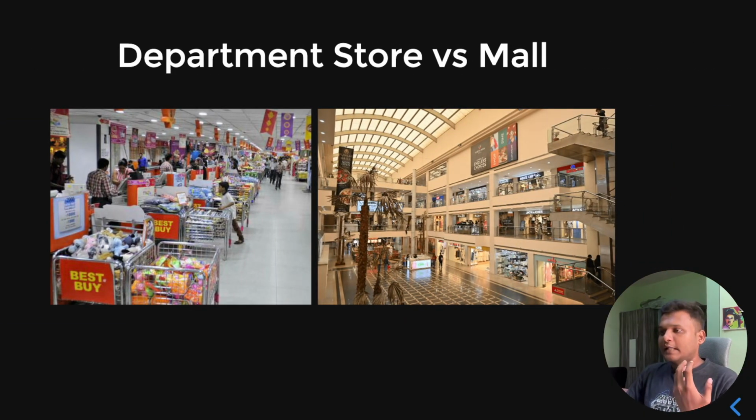Let's take one example, department store versus mall. Like, on the left side there is a picture of a department store. For example, you might be knowing about Big Bazaar or D-Mart, right? And on the right side there is a big mall image, right? So as you know, the department store you can consider as a monolithic application.